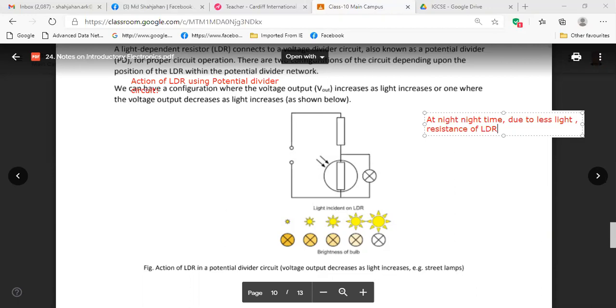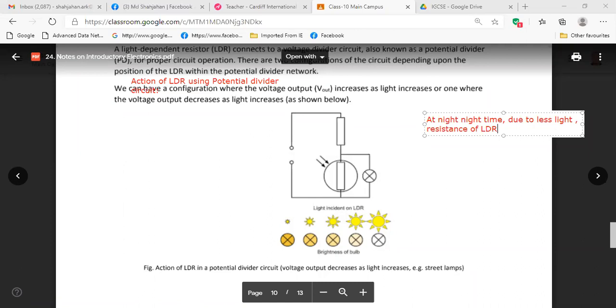Due to less light. In parallel the voltage is the same, isn't it? Yes, in parallel the voltage is the same. We always do potential divider in series. You will never get potential divider in parallel.